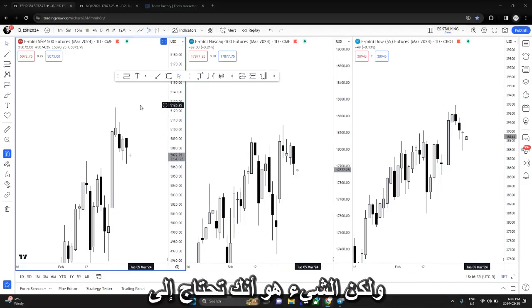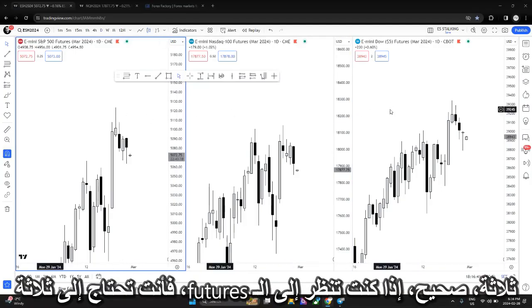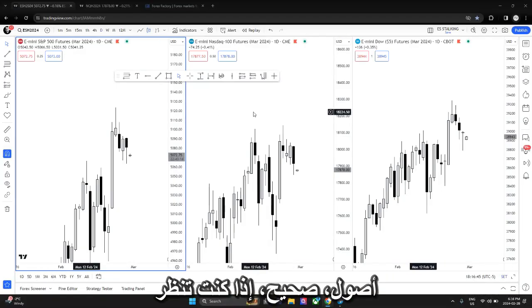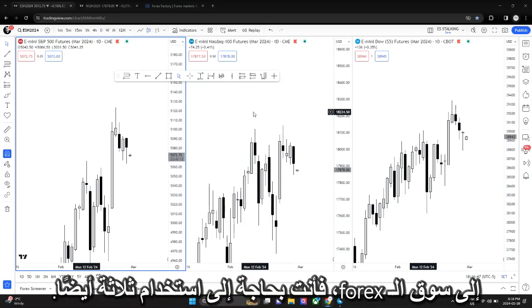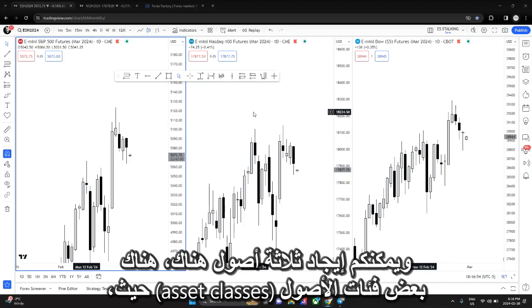But the thing is, you need to have three, right? If you're looking at futures, you need three assets. If you're looking at the Forex market, you need to use three as well. And you can find three assets there.